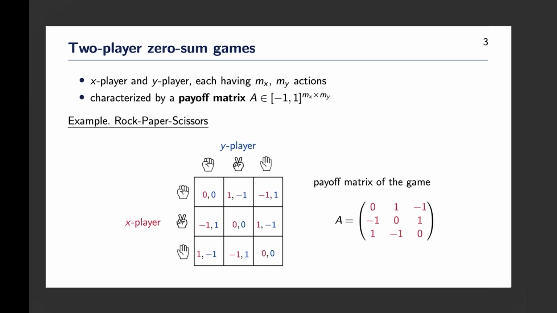If the X player chooses rock and the Y player chooses scissors, since the X player wins, the X player gains 1 as a reward, and the Y player gains -1. Since this is zero-sum, one can express this game by using the red characters only. So this is an example payoff matrix.